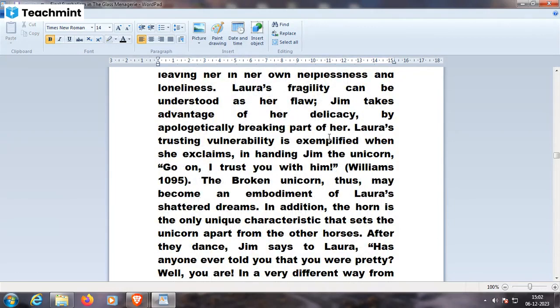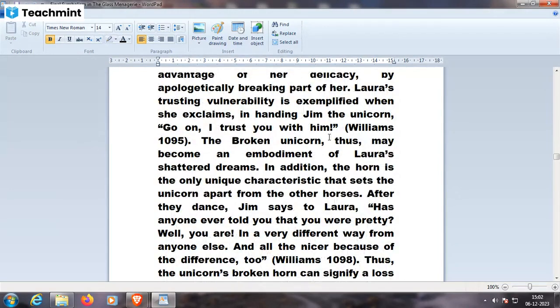In addition, the horn is the only unique characteristic that sets a unicorn apart from the other horses. No such animal as a unicorn, I told you previously. After they dance, Jim says to Laura, has anyone ever told you that you were pretty? Well, you are, in a very different way from anyone else, and all the nicer because of the difference too.